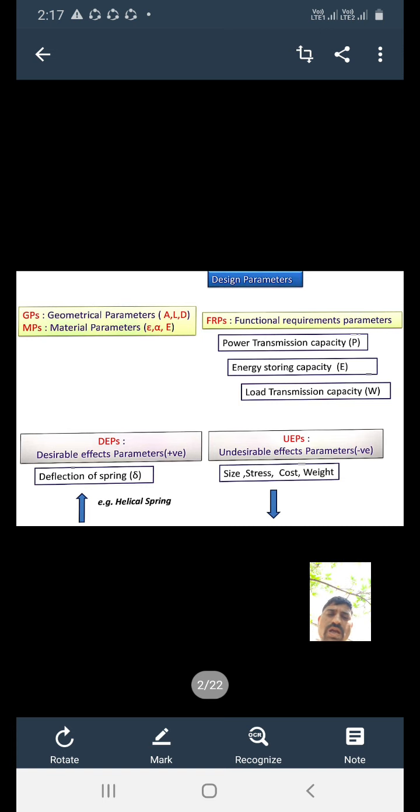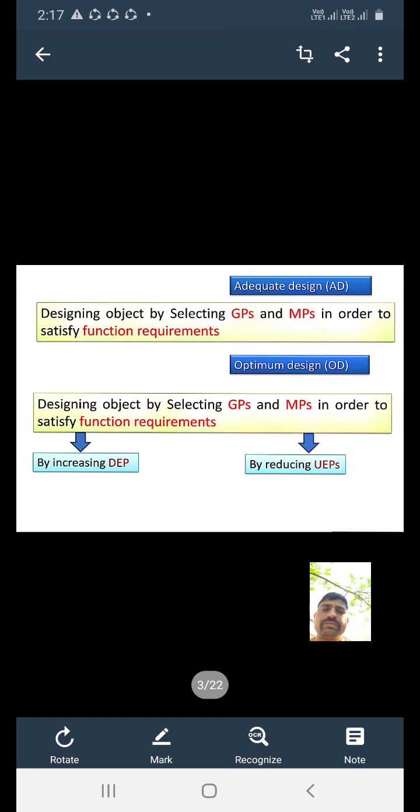I have shown the arrow in the upward direction; the deflection of the spring is upward. We have taken the example of the helical spring. And the undesirable effect parameters are negative size, different types of stresses, cost and weight. These are some parameters.